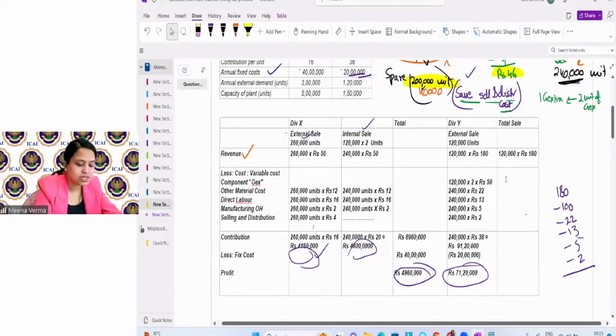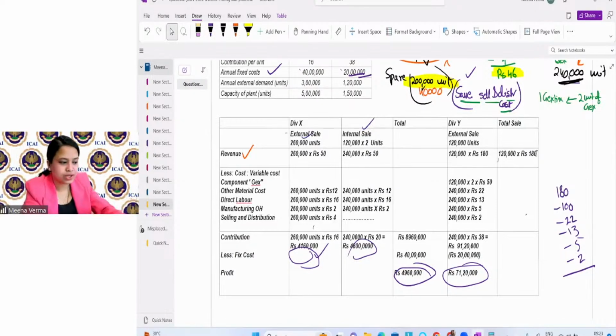And you will see the cost the company is incurring. So you will see all the variable cost here was 30. Actually, total sale में you will see what finally you are selling. है ना? So finally, division Y is selling to the market 120 unit. And division X external market में they are selling these unit also. We will consider this also. Then we will consider the variable cost which they are incurring for 1,20,000 unit.